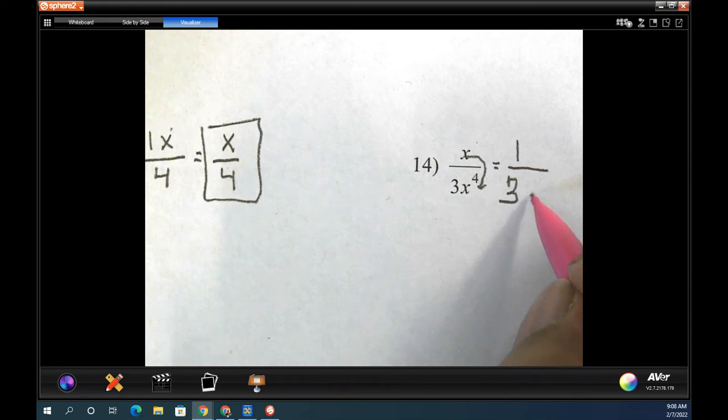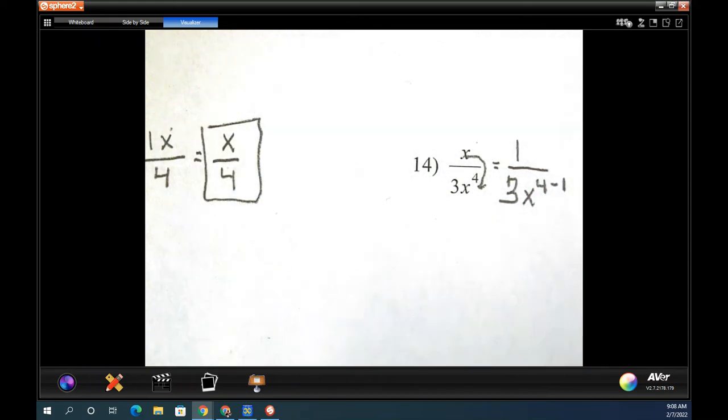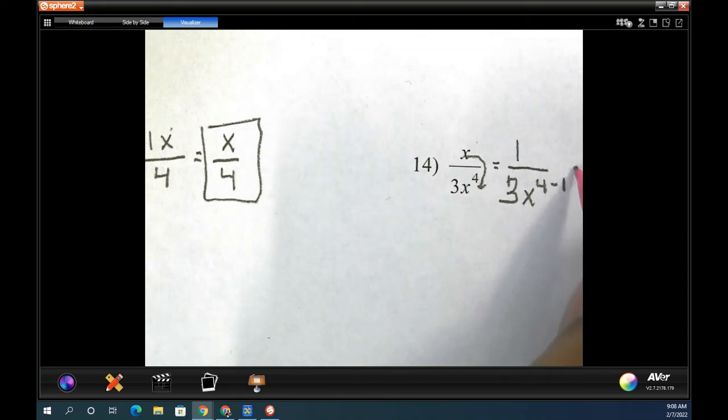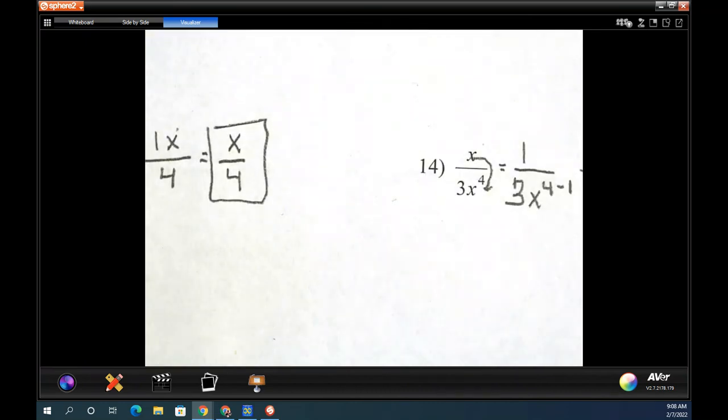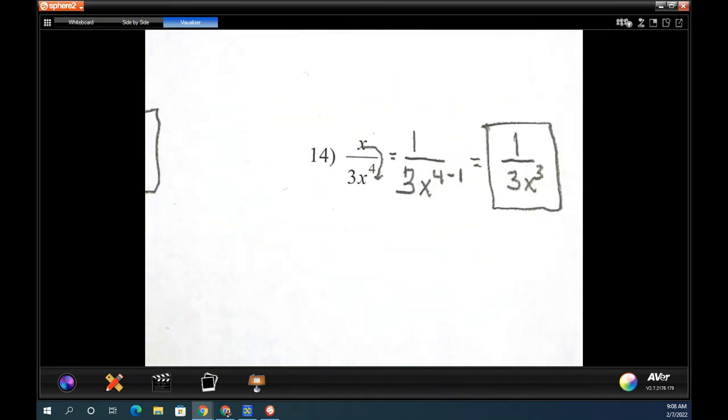So it's x to the 4 minus 1, which is equal to 1 over 3x to the 3rd. There's your answer right there. Oops, you can't see. There's your answer right there.